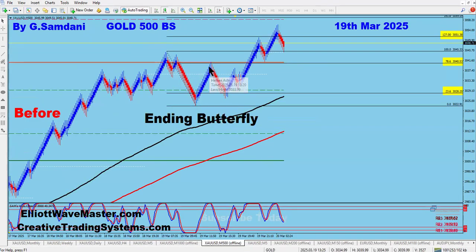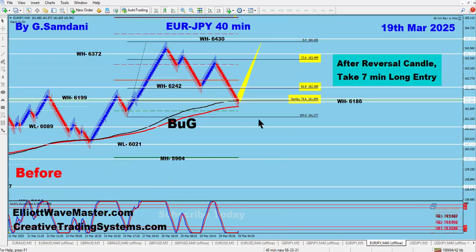See, drop 78, 23, 127. So 61, 78, 61, 23, 78, that's a Gartley pattern. 78, 23, or 38, and then 127 is a butterfly. They show up everywhere all the time. You just have to find them. That's it. So that's exactly what's happening here.